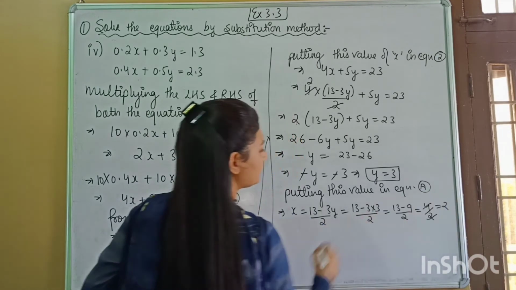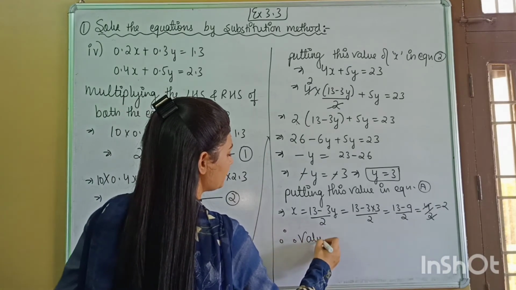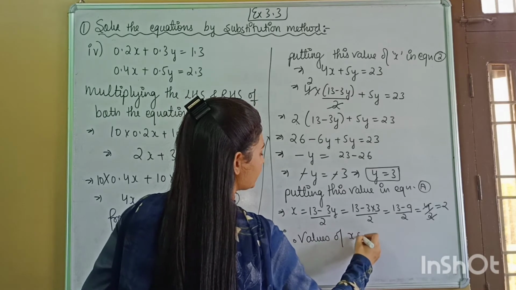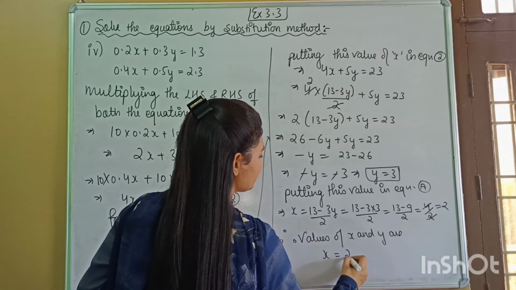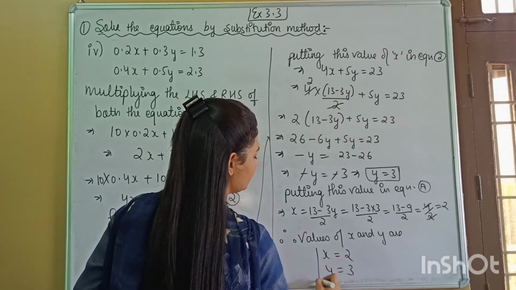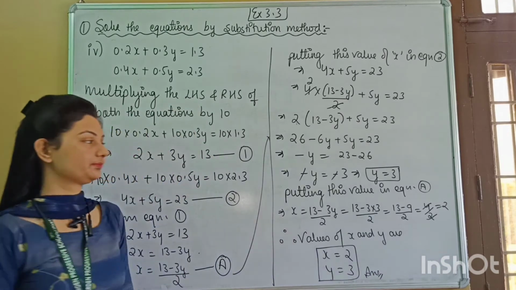Cancelling this we get value of x equals to 2. So therefore values of x and y are x is equals to 2 and y is equals to 3. So this is the answer.